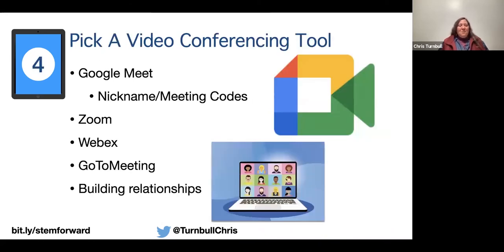Our 4th step then was actually really easy in my district because we had already picked a video conferencing tool to use back in March at that point. So we were using Google Meet, and specifically Google Meet because we were using the nickname meeting code feature, where we could create just a little meeting code like coding camp.